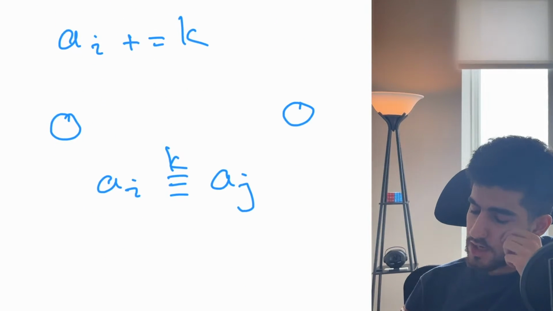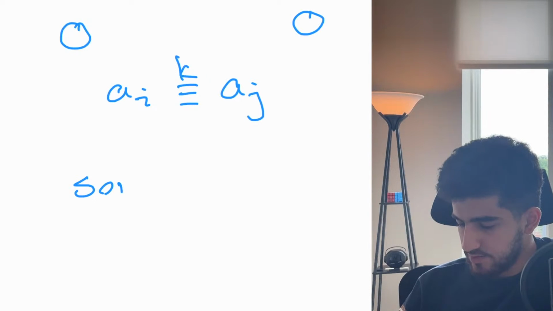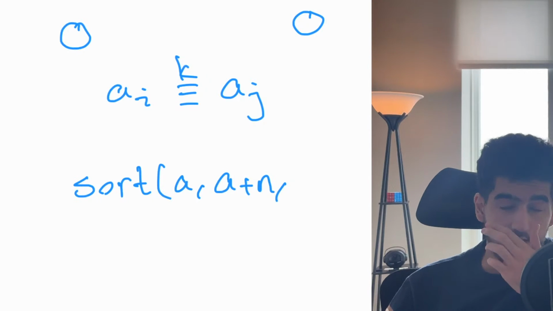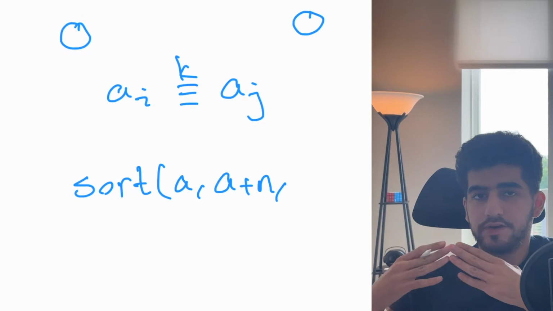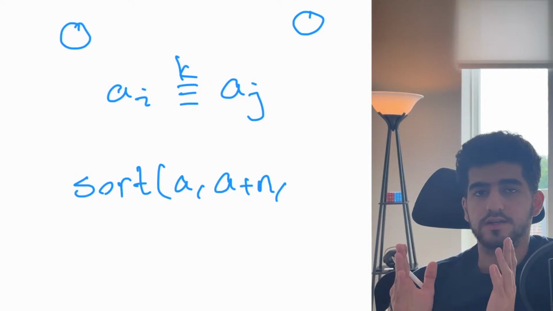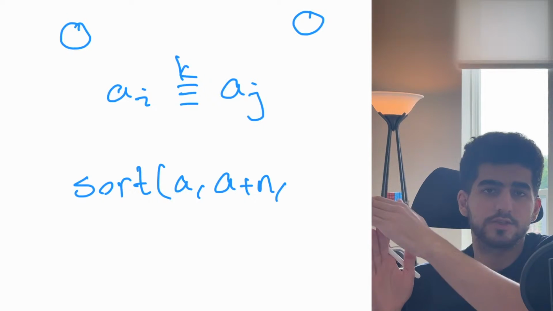So I want to somehow sort all the numbers in A, so that first, all the numbers having the same remainder over k are next to each other, and among themselves they will be in sorted order.